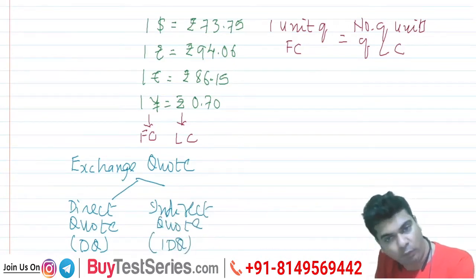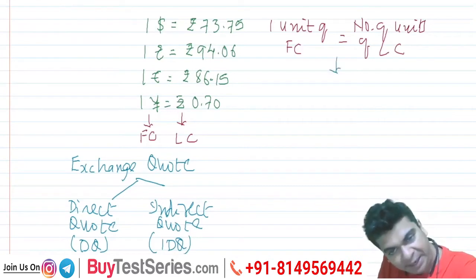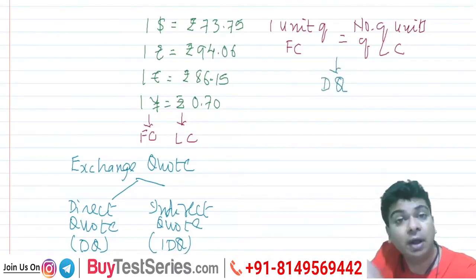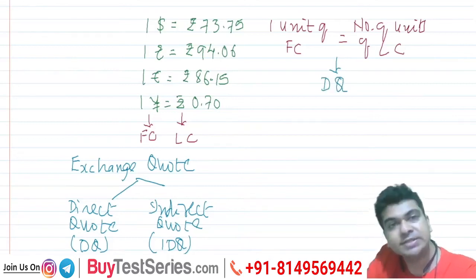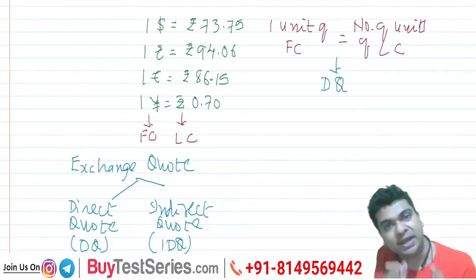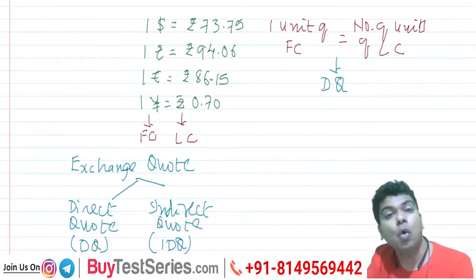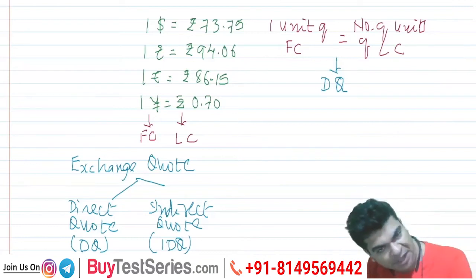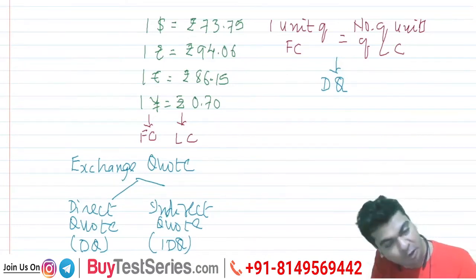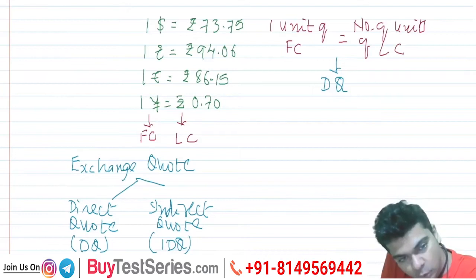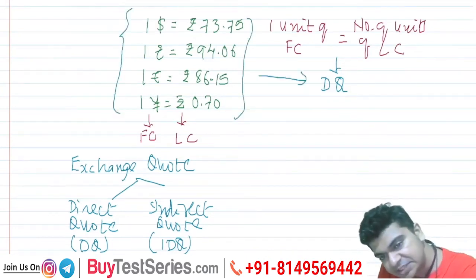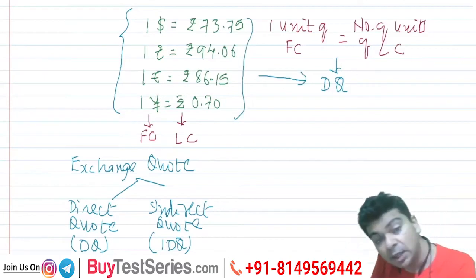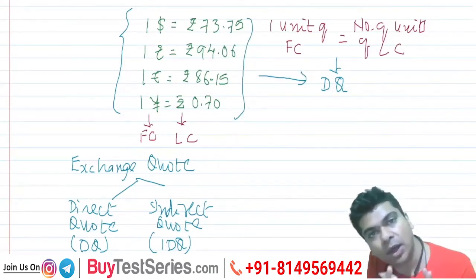Okay. Now, this format is understood as a format of a direct quotation. What is a direct quotation? A direct quotation is that quotation which will express number of units of local currency per 1 unit of foreign currency. Everything which is there on your screen, right? All these quotations which are there on your screen will be referred as direct quotation, right? Because in India, what is the local currency?